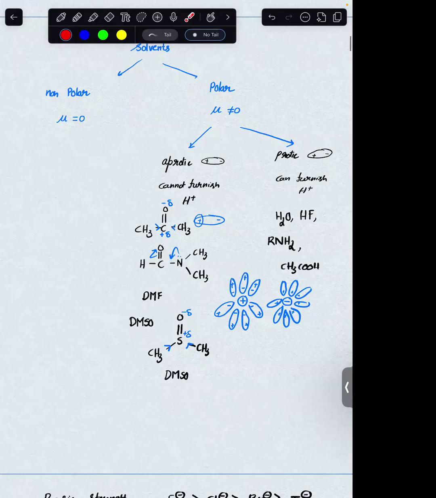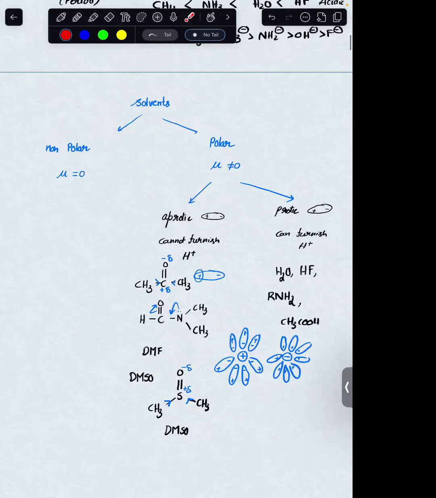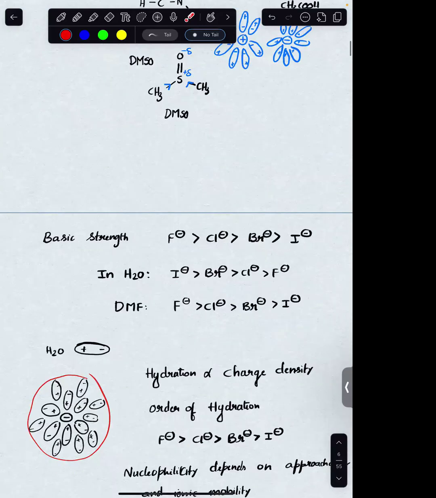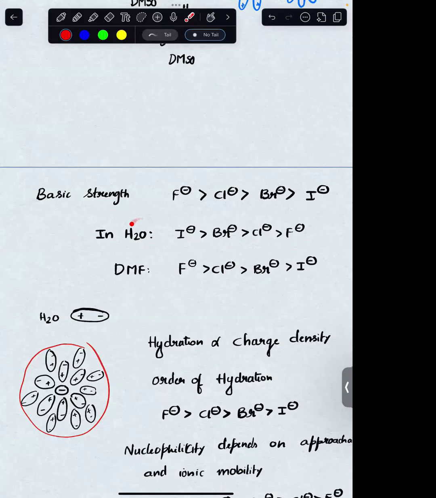Okay. If that is the case, we are comparing the basic strength for the elements belonging to the same group in two different solvents, H2O as well as DMF. H2O, being a polar protic solvent, can effectively solvate the positive cation as well as the negative anion.